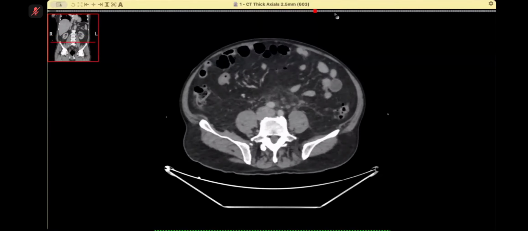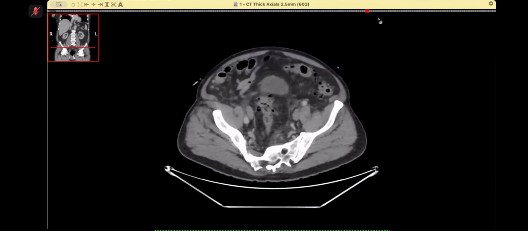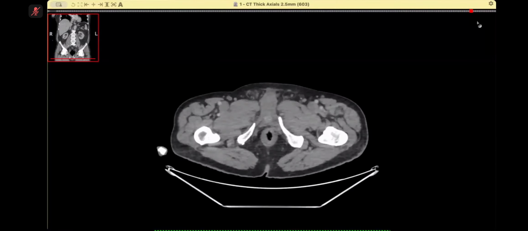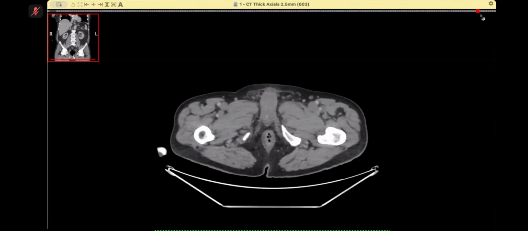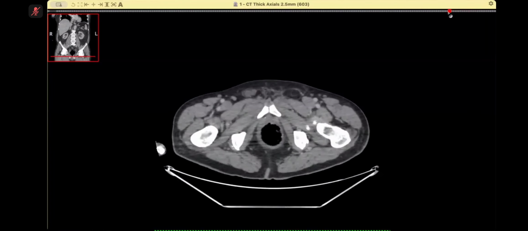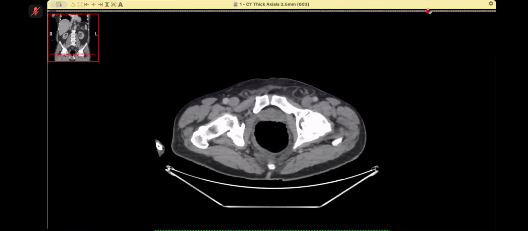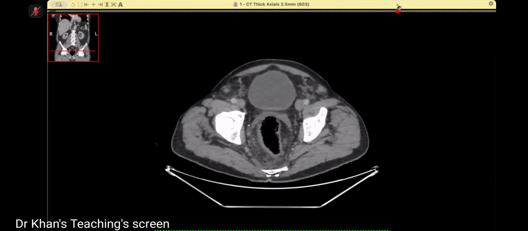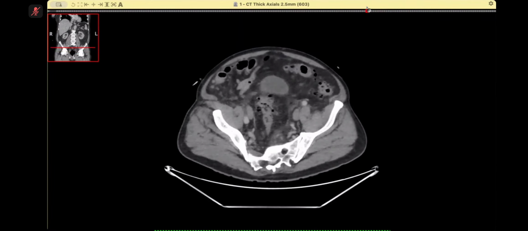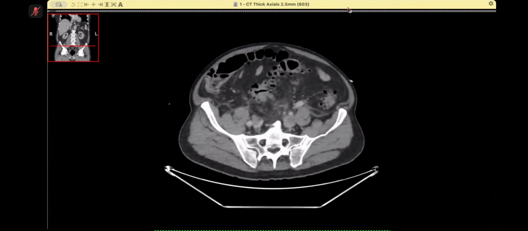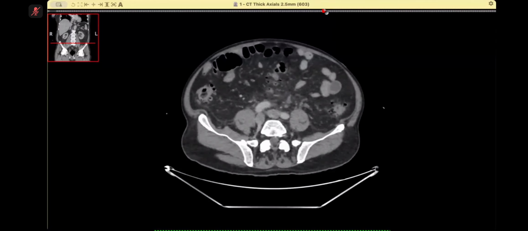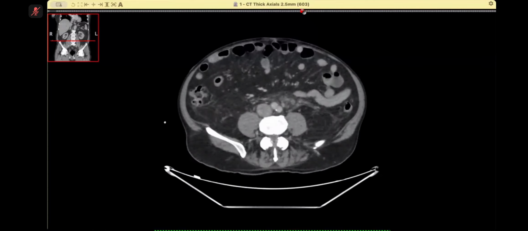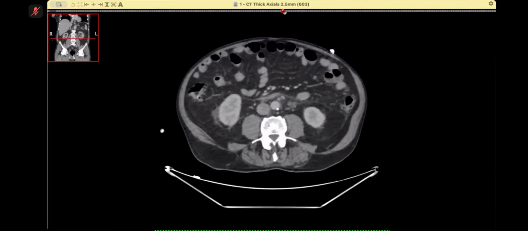And again, for this small left-sided inguinal hernia, a protrusion of the omentum is also noted. Again, there are prominent mesenteric lymph nodes also seen along the root of the mesentery, giving the sign of mesenteric panniculitis.